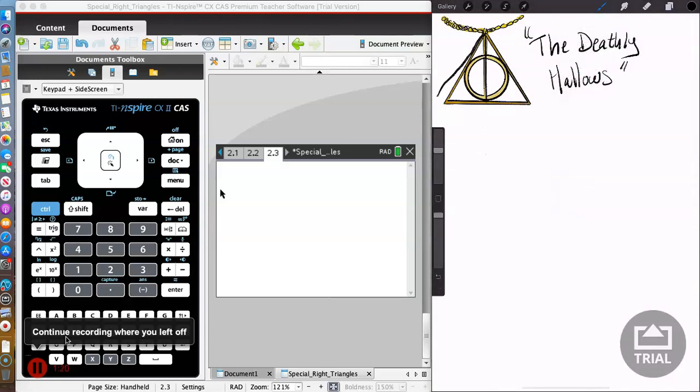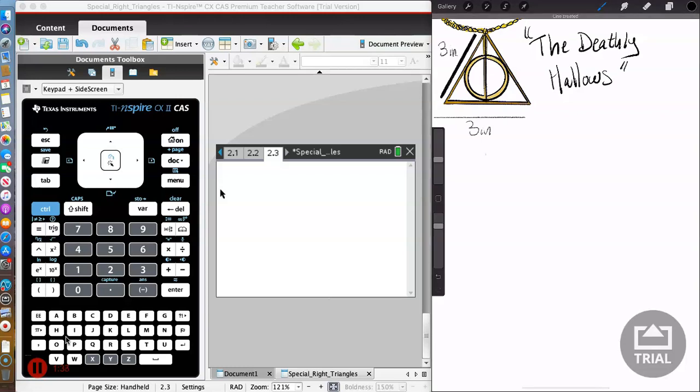So if this is given as a length, we could say it's 3 inches. So we'll draw that here, 3 inches, which means that this side overall would also be 3 inches. And this side would also be 3 inches.